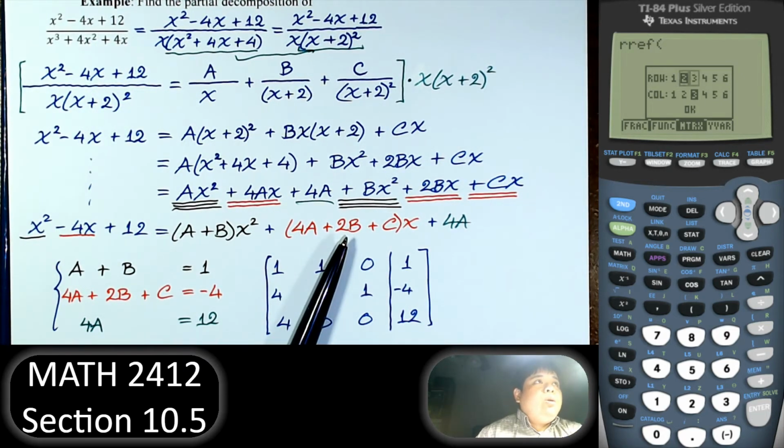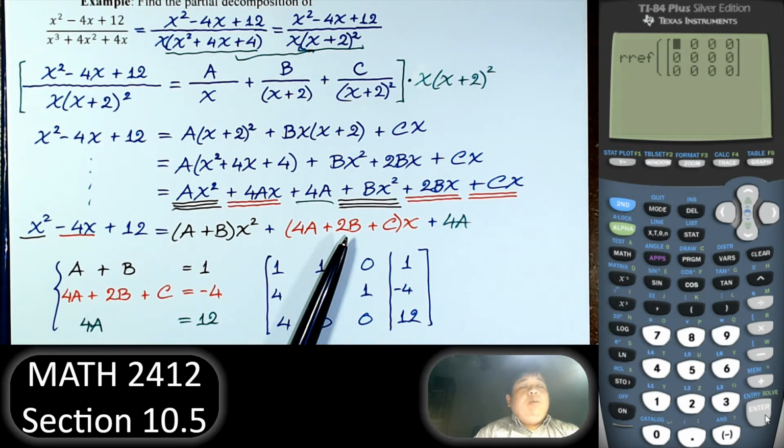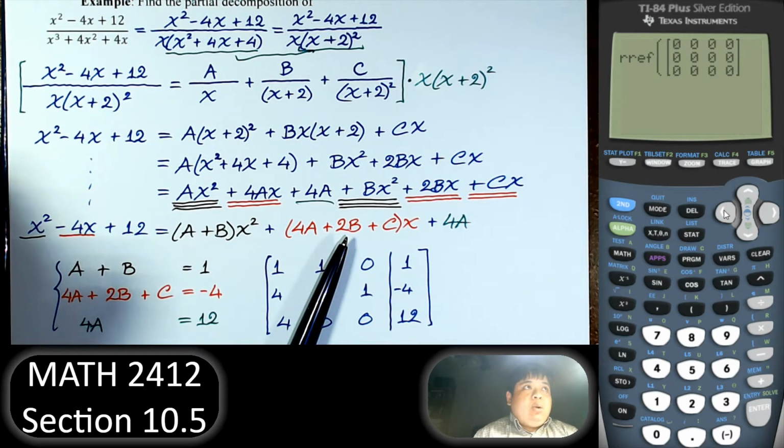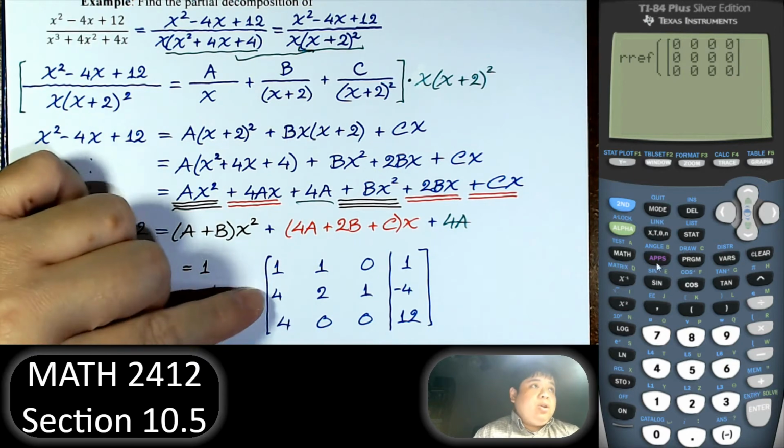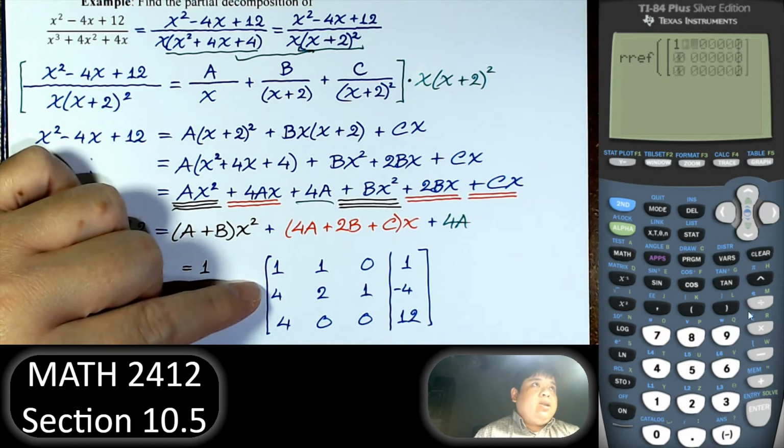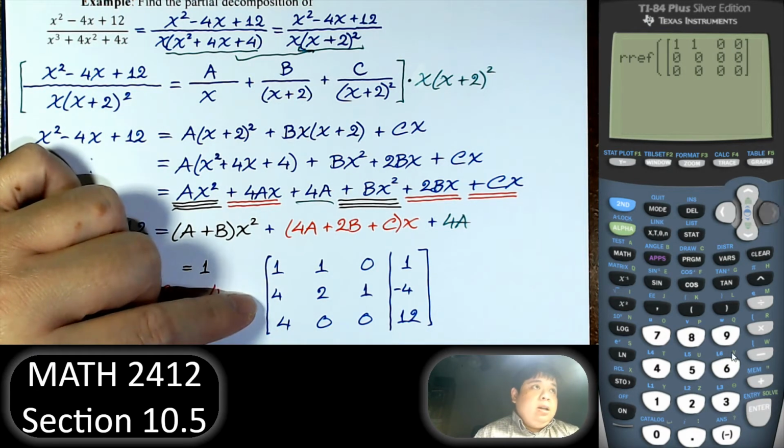So this is the 3 rows and 4 columns matrix. Click OK. And most important here is whenever we enter the numbers, do not hit enter.